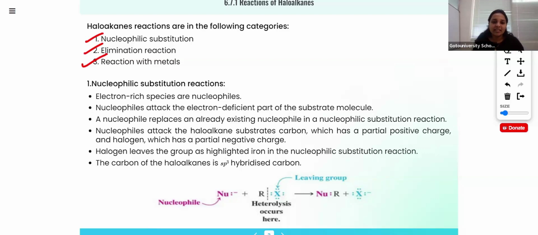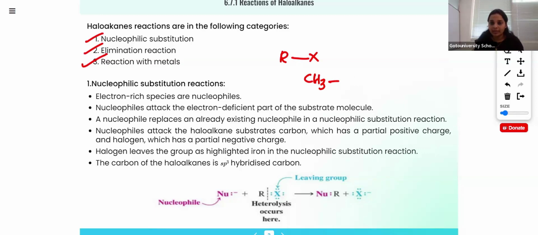Suppose I am taking the alkyl halide RX. Suppose one example I am taking is CH3X. Other than this compound, we can take chloroethane, bromoethane, any compound. But I am explaining this example using one specific compound, that is chloromethane. So I am replacing the halogen with chlorine.